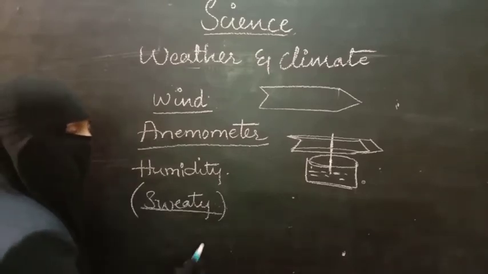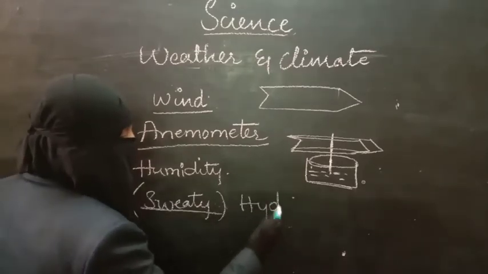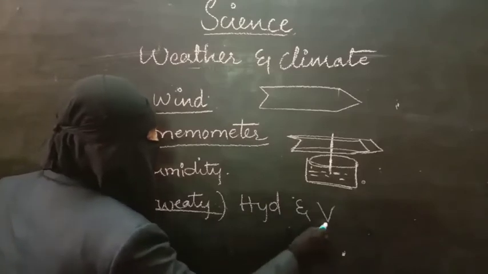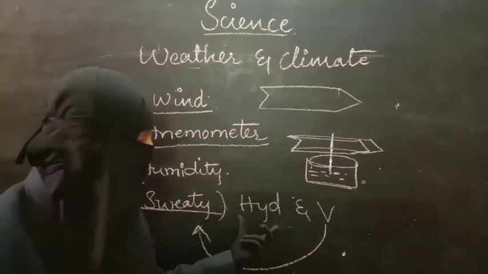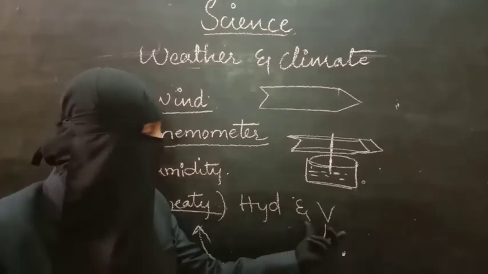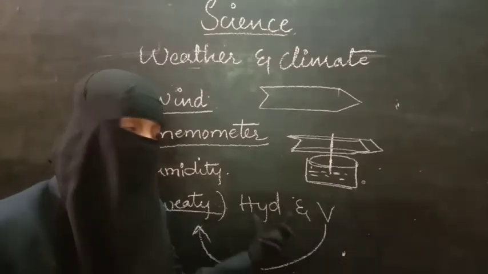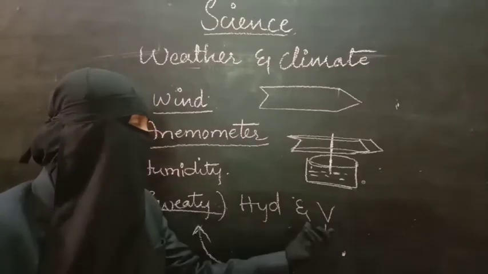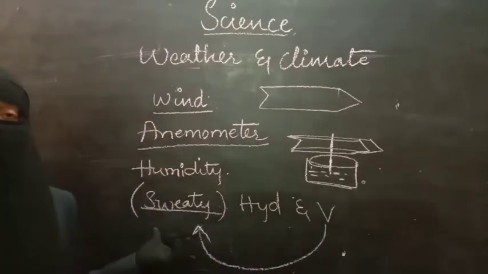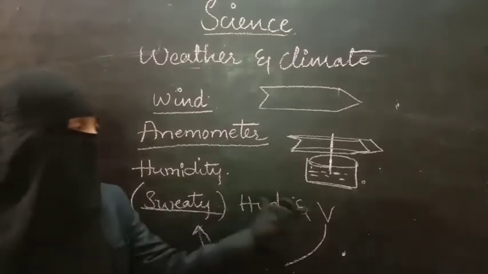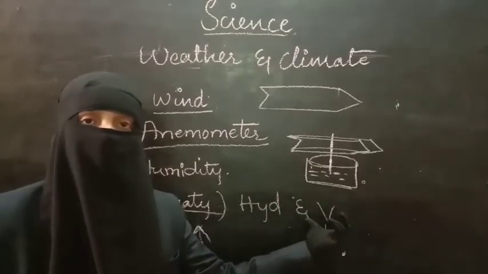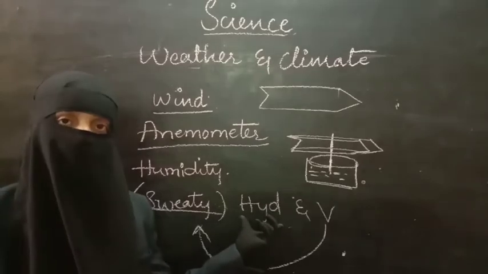Compared to Hyderabad, Vijayawada is more sweaty. Heat is more in Hyderabad, but the people living in Vijayawada experience more sweat. They are feeling more sweaty. That is because of humidity. In Vijayawada humidity is more, whereas in Hyderabad humidity is less.